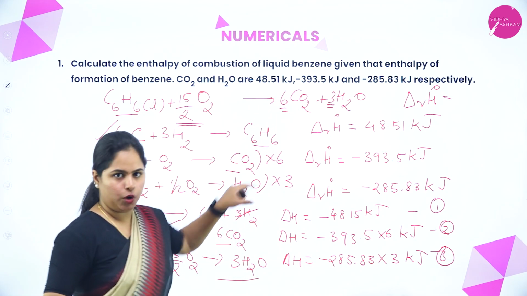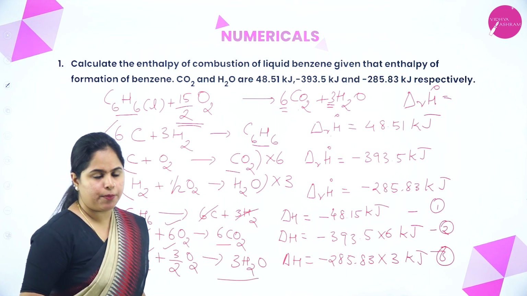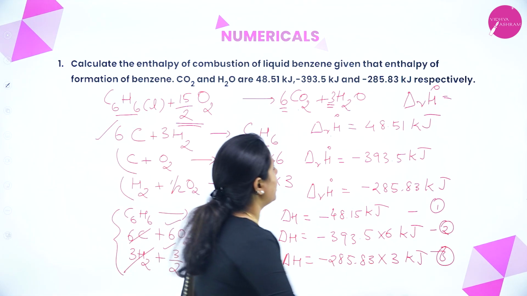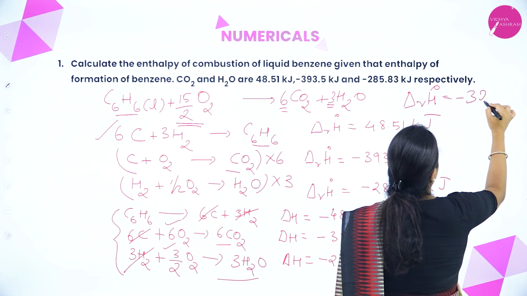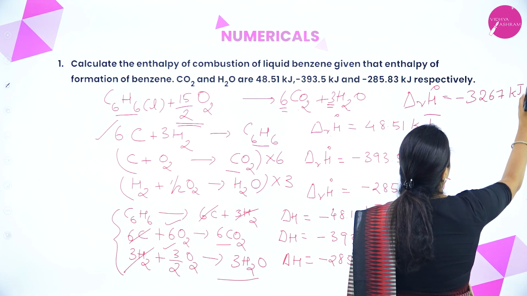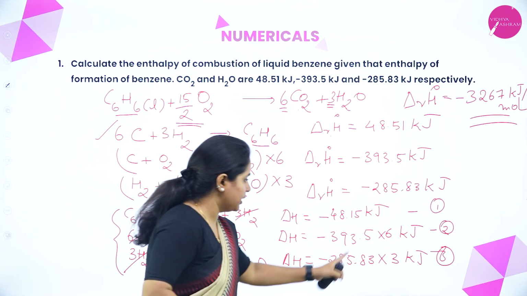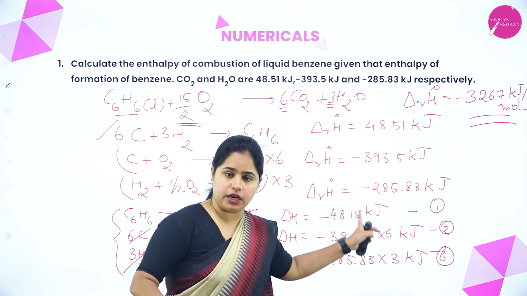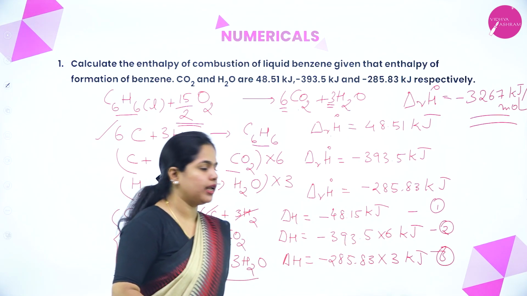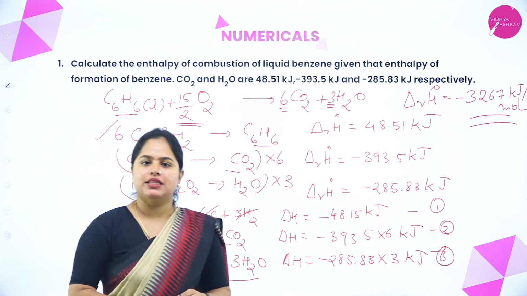This reaction, we obtained it from each of these steps, right? So the enthalpy of the reaction is calculated as minus 3267 kilojoule per mole. So I hope this is clear. When you are adding, the value multiplied by 6 and multiplied by 3 also you have to include. So finally you will get that answer. So I hope it is clear.